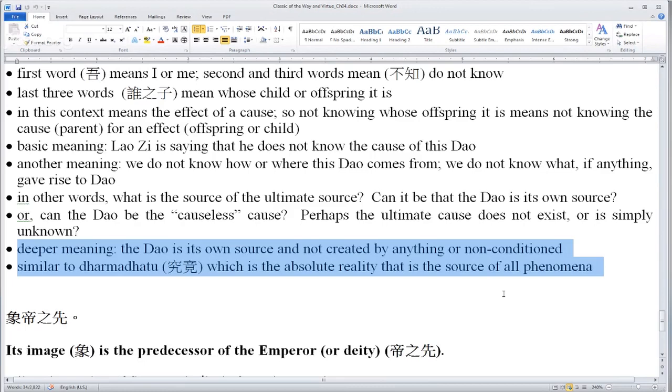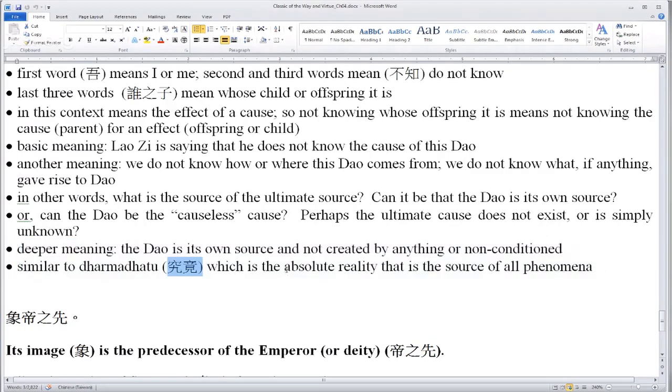That Big Bang caused the creation of this vast cosmos. Whereas the Tao has no cause. It just always is. Similar to this is the notion of the absolute.